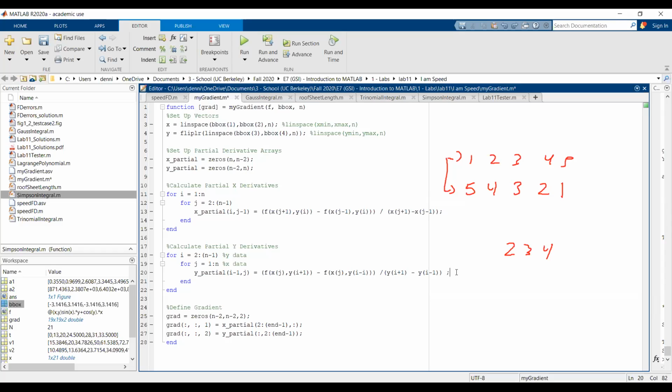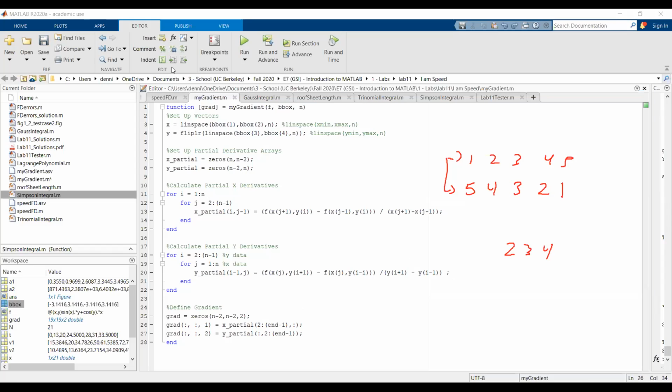There's another change I was thinking of doing. Since we're not ending up using all of these values, remember the thing I drew earlier with the x partials being n minus 2 by n, and we only use the essential part.